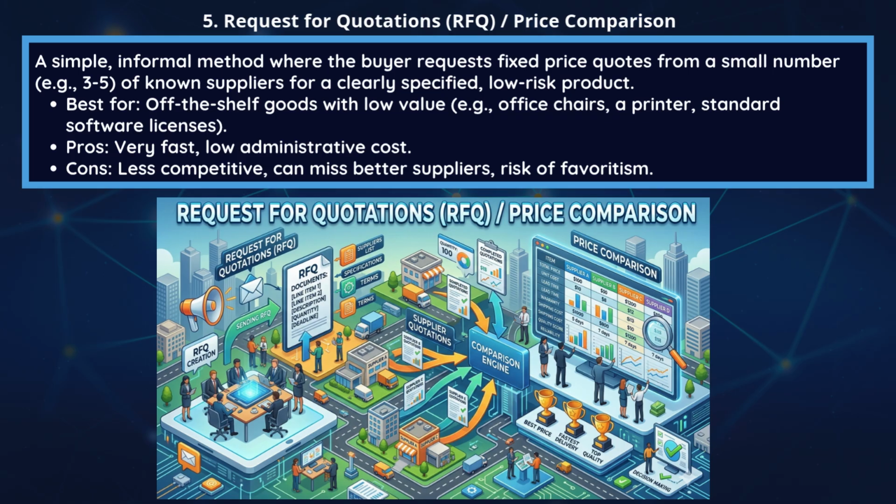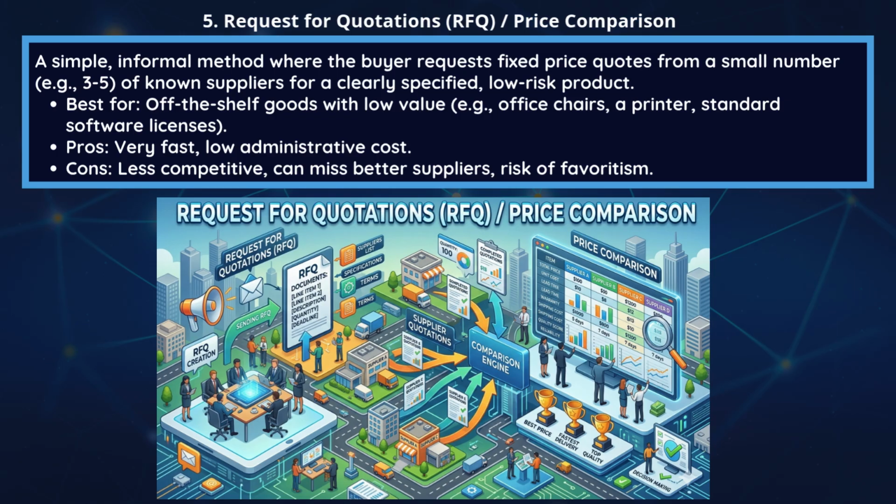For this method, there are pros and cons as well. Pros: very fast, low administrative cost. RFQ is a very simple process. It is completed within a short time. It doesn't require a long time for implementation or completion of the process, and it has low administrative cost.